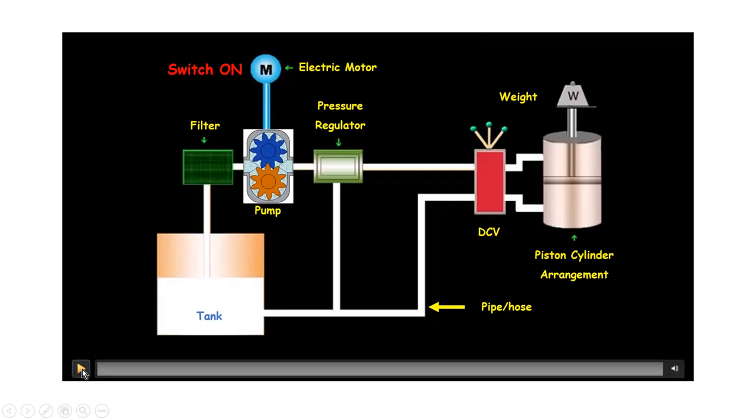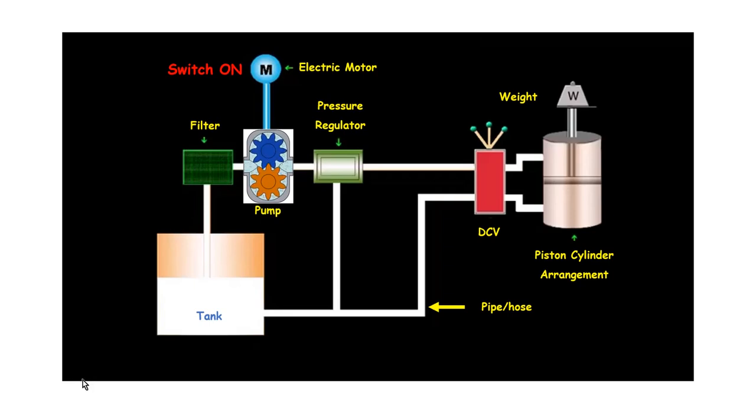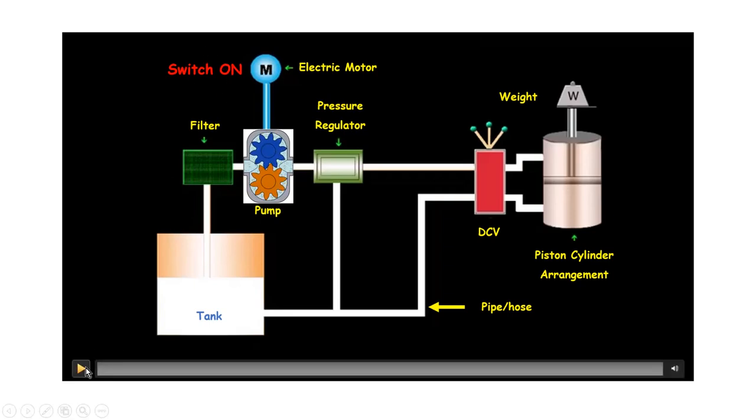So next we will see the working of basic components of fluid power system. As you switch on electric motor, pump will start rotating, due to which suction pressure will be created at entry of pump. Hence, fluid from reservoir starts flowing towards pump through filter, which removes the dust particles from fluid before entering the pump.